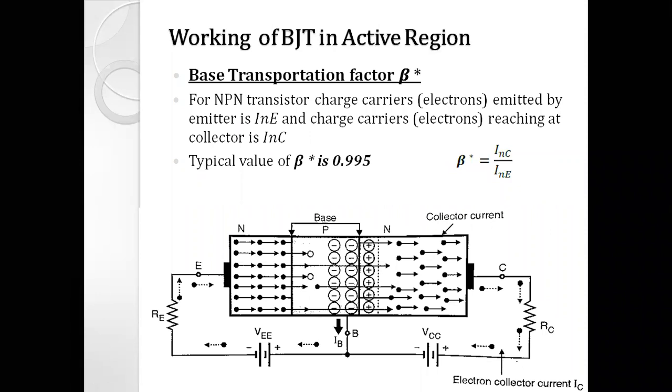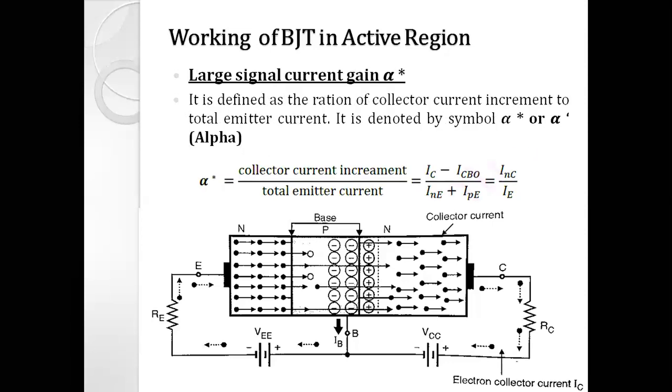As I said, most of the majority carriers go to the collector region, and very few electrons stay for a while inside the base region before they move to the base terminal. So the base transportation factor beta is typically 0.995, and it is defined as INC divided by INE.